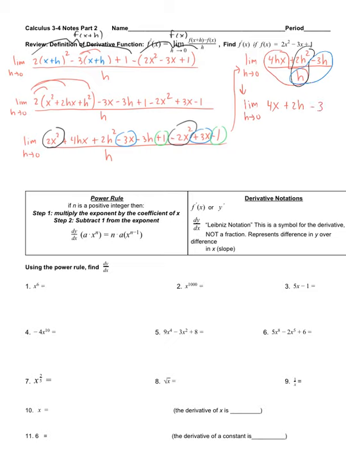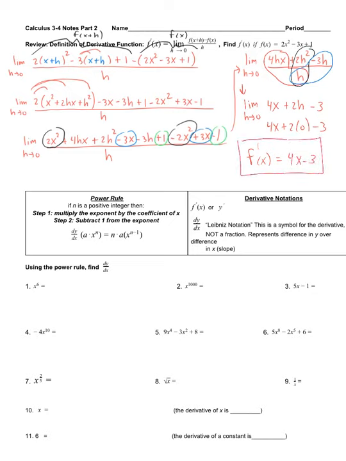Now I can do direct substitution. So now I plug in 0 for h. 4x plus 2 times 0 minus 3. Essentially, any term with an h is gone. So our derivative function, f prime of x, is equal to 4x minus 3.